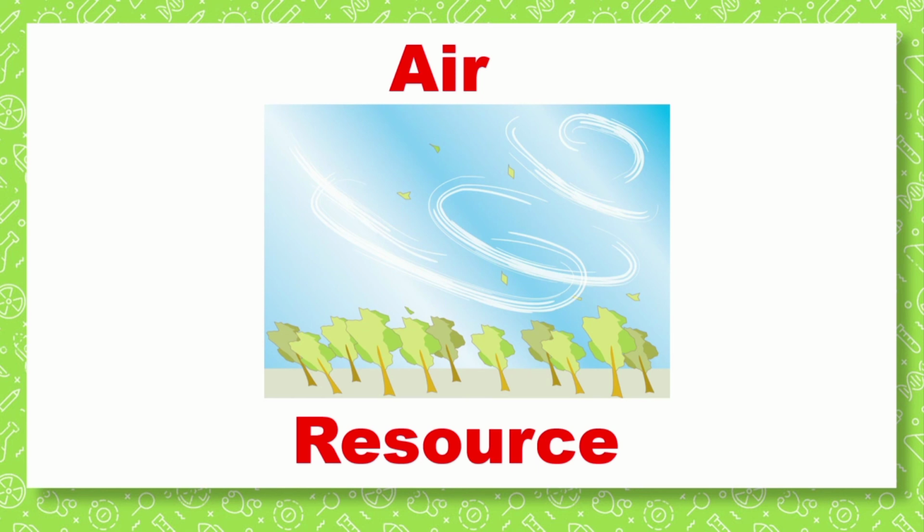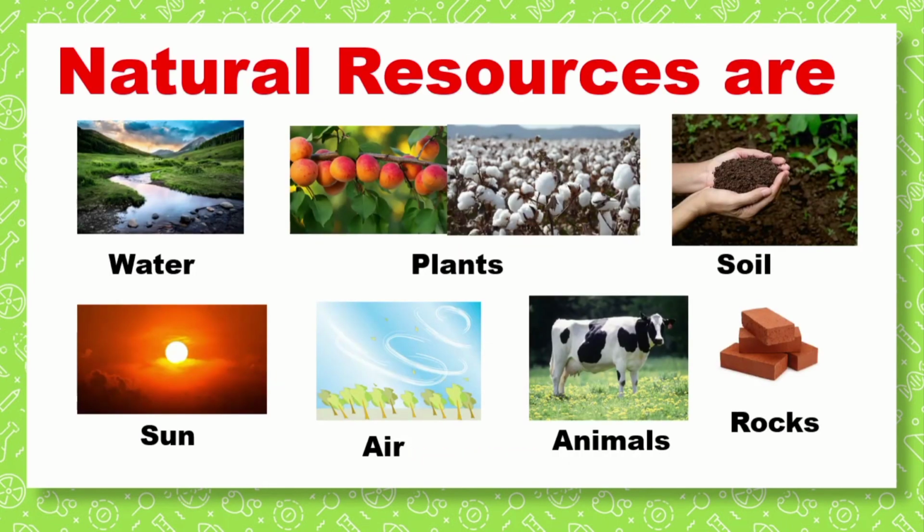Air is a very important resource that all humans and animals and plants need. Air is a resource. So what are all the natural resources? Natural resources are water, plants, soil, sun, air, animals, and rocks.